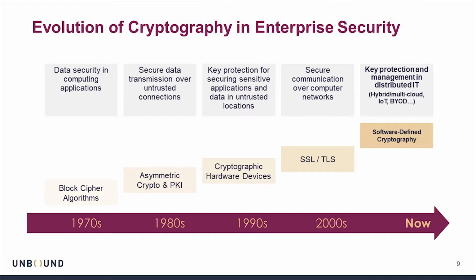In fact, until 10 or so years ago, the vast majority of the use of cryptography was for protecting data in motion. Again, because of what I mentioned, that inside our data centers, we felt that we could keep our data safe.